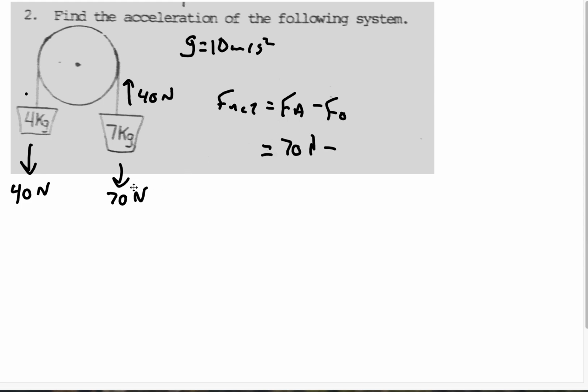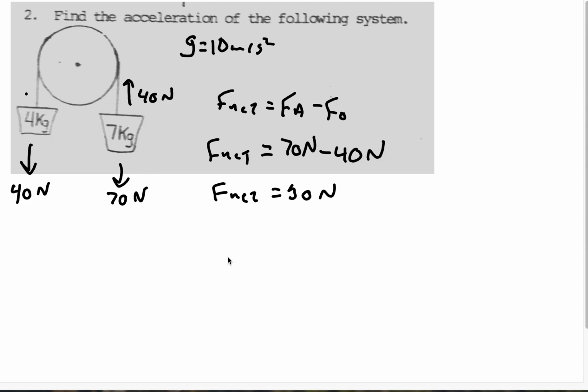And then the opposing force is going to end up being the 40. Okay, so the one force that would replace those two forces ends up being 30 newtons.